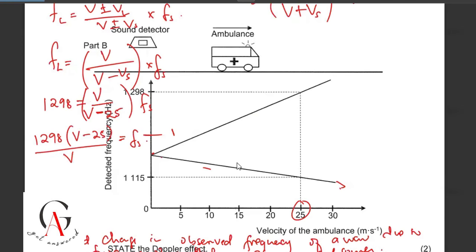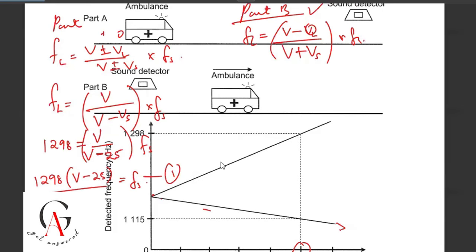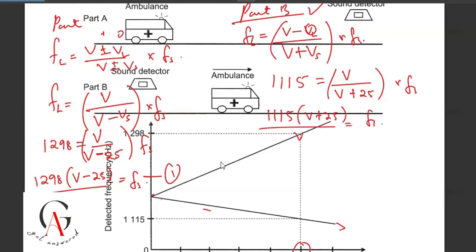Let's call that equation 1. Come this side and do the same thing. The listener is 1115 is equal to V over the V plus 25 multiplied by Fs. So 1115 into V plus 25 over V is equal to Fs.